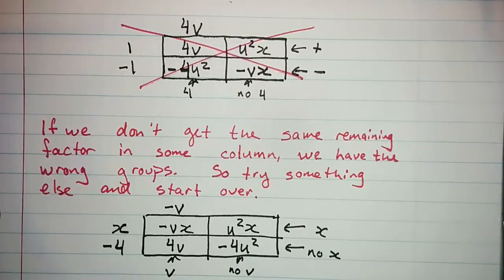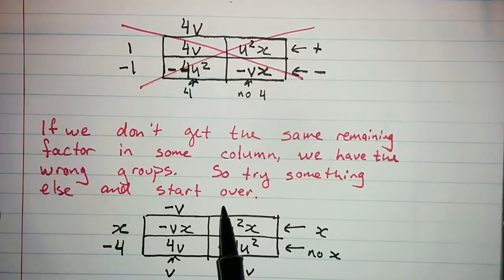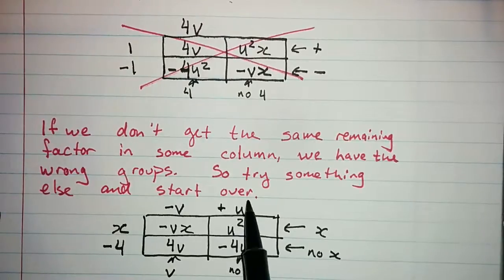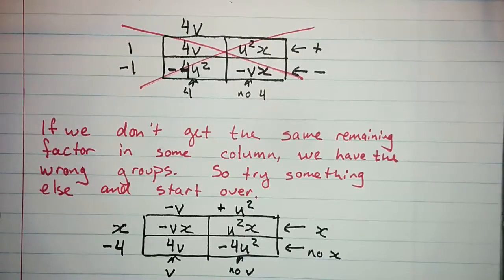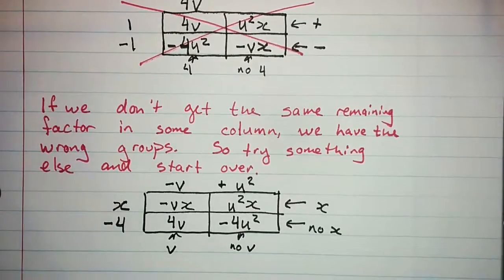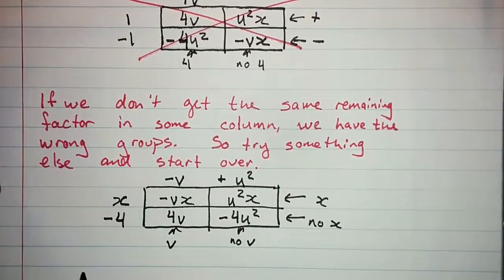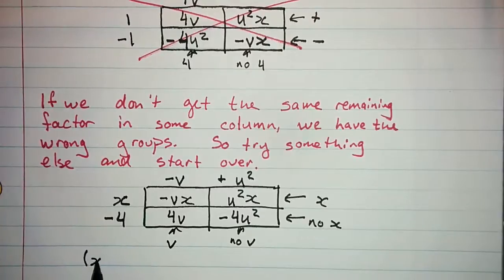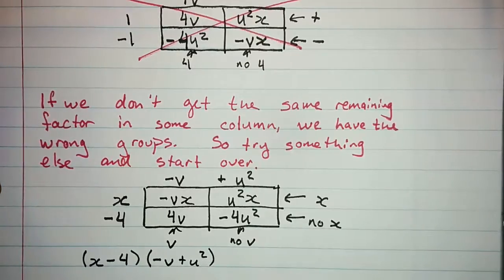X times what is u squared x? Well, it's positive u squared. Is u squared times negative 4 negative 4u squared? Yes. All right, this one works. What are my factors? They are x minus 4 times negative v plus u squared.